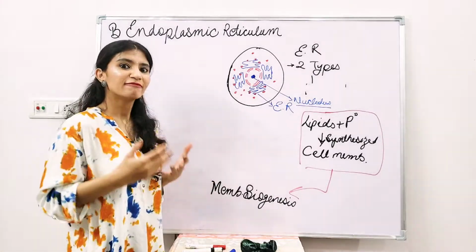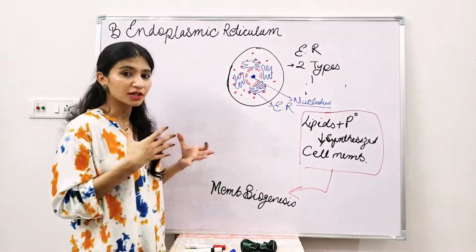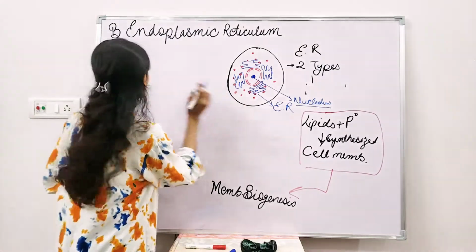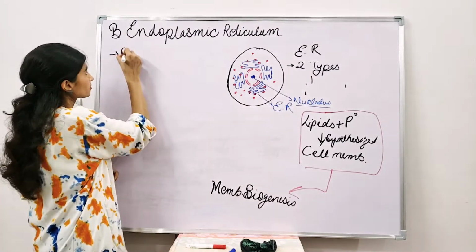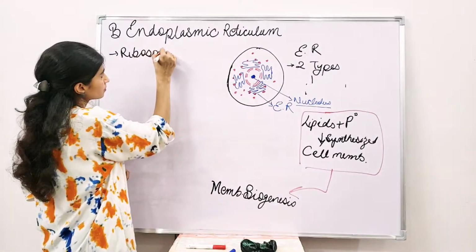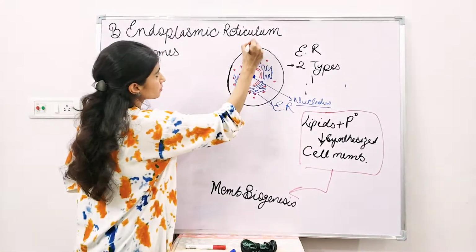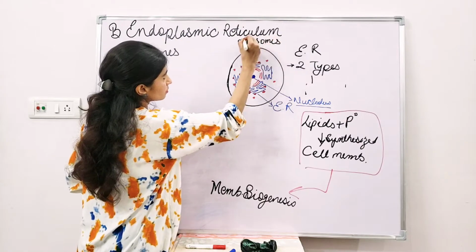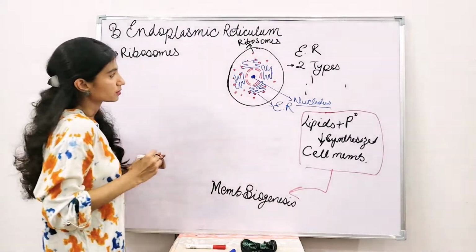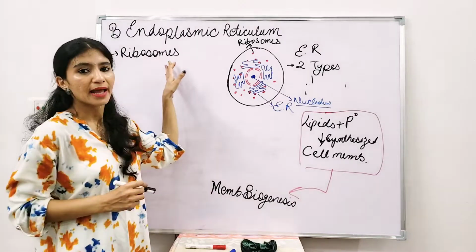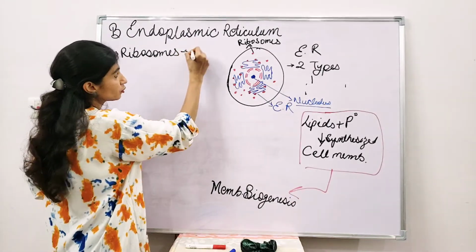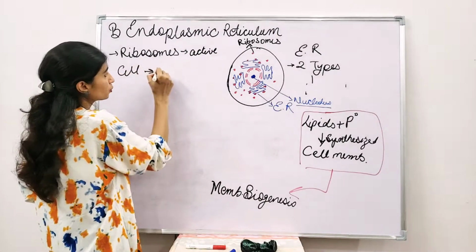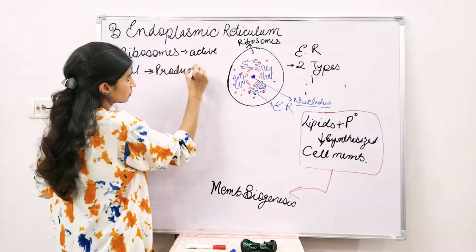But in an active cell, where all the functions are taking place simultaneously, these ribosomes, the red dots on the endoplasmic reticulum, produce proteins.